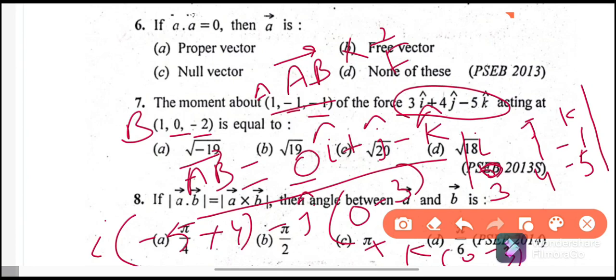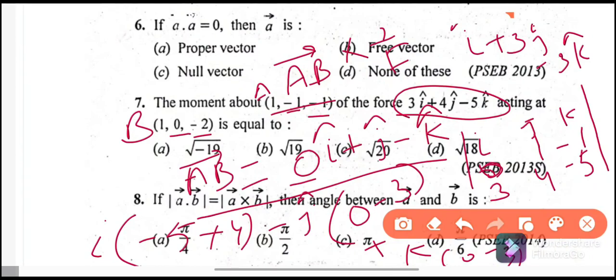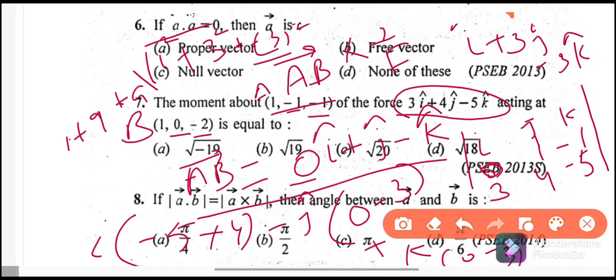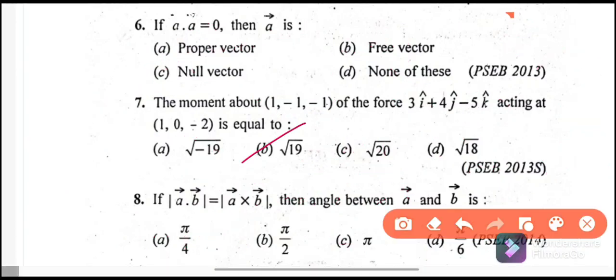Now simplify this: i cap plus 3j cap minus 3k cap. Now take magnitude of this vector, that is 1 square plus 3 square plus minus 3 square, that is 1 plus 9 plus 9, that is under root 19. So answer is under root 19, B option.